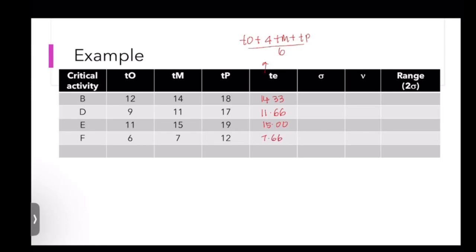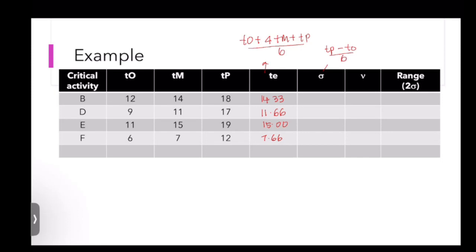Then calculate the standard deviation by using the formula of pessimistic time minus optimistic time, divided by 6.